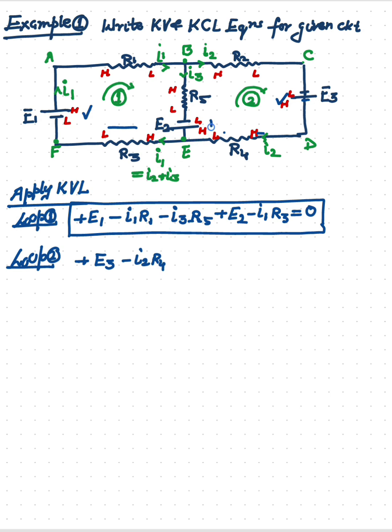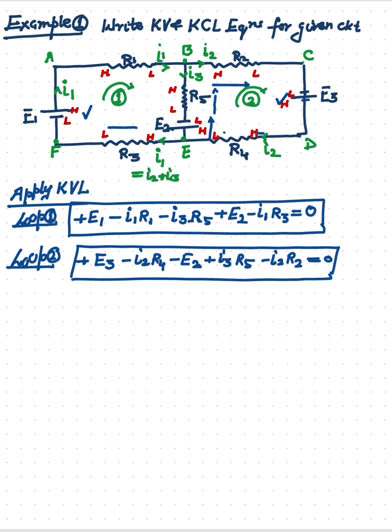Across this battery E2 we are traversing high to low, so it will be negative E2. Across R5 we are traversing low to high, so it will be positive I3 R5. Now across R2 we are traversing high to low, so it will be minus I2 R2, equals 0. So this is the KVL equation for loop 2.